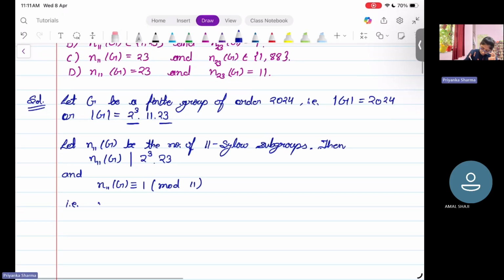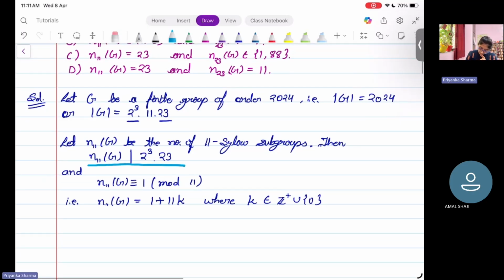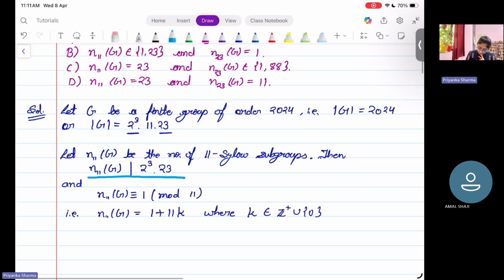That is, N11G will be 1 plus 11k, where k belongs to the non-negative integers, such that we have this condition also. So what can be the value of it?